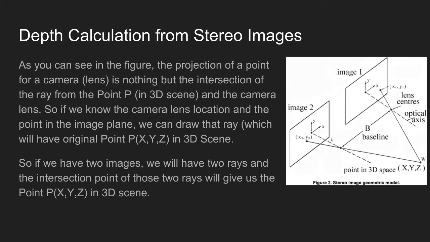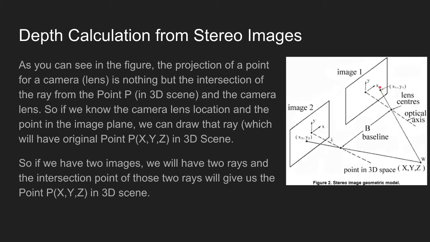We can see in the image that there are two images from two different camera lenses. How is this point calculated? This point is nothing but the intersection of the image plane and the ray from the original point in the original 3D scene to the camera. So this ray intersects at this point, same for image 1.